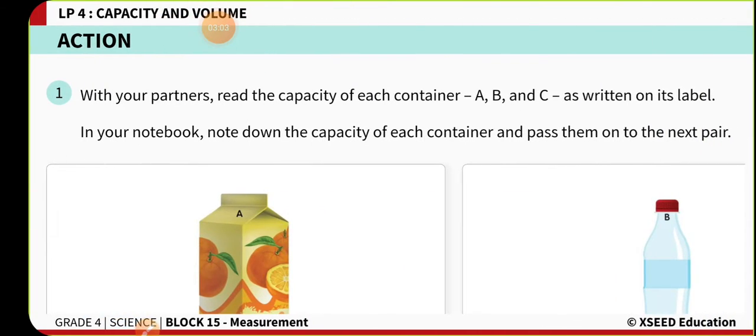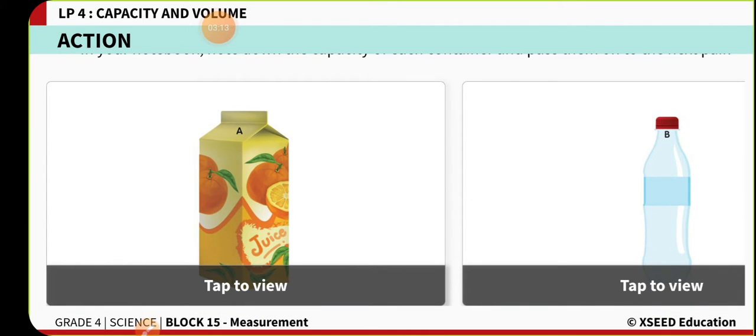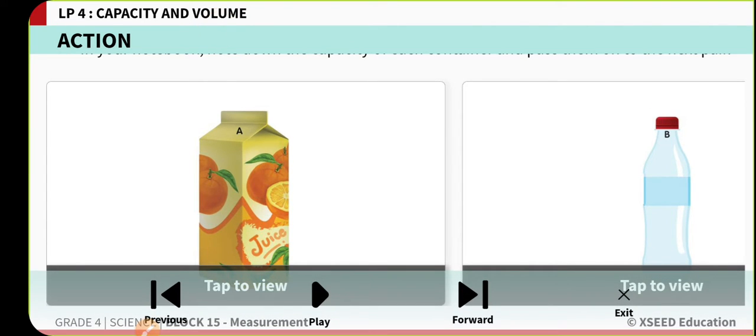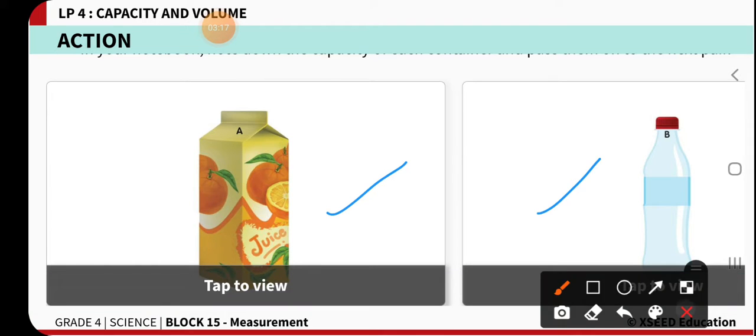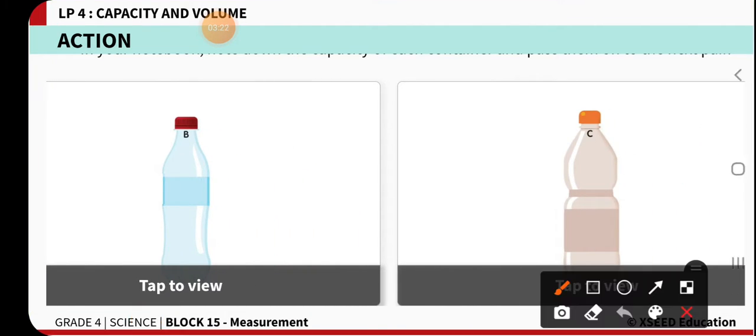Okay, so to understand about capacity and volume, we are going to do a small activity where you need some materials like a Tetra Pak, a normal bottle, and even another bottle like this. See, bottles of different sizes. One is 500 ml and the second one is 1 liter.